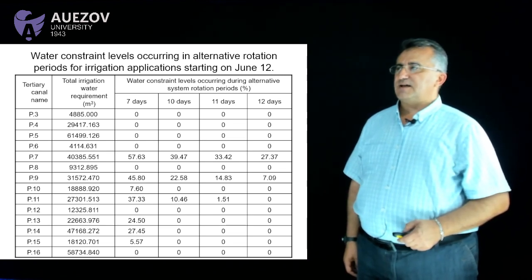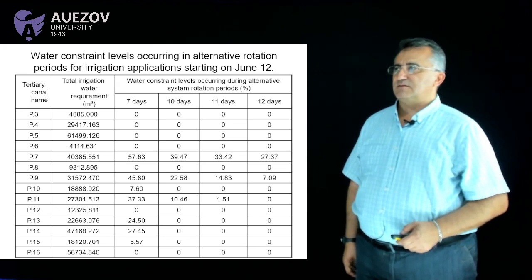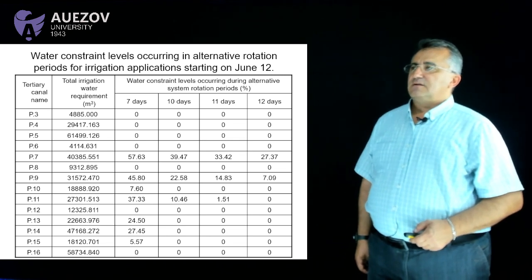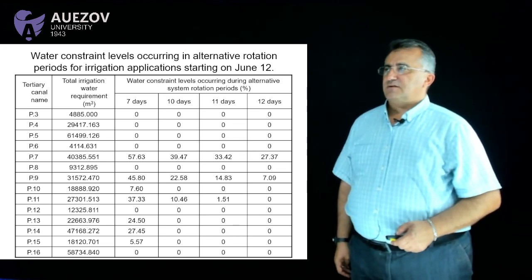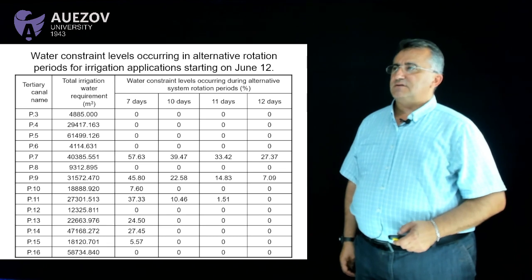Here we can see the alternative system rotation periods: 7 days, 10 days, 11 days, and 13 days.